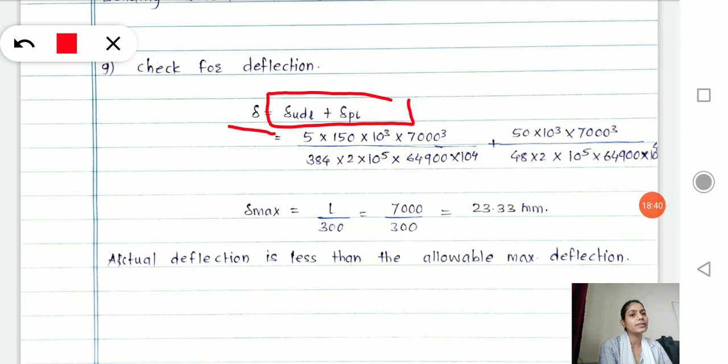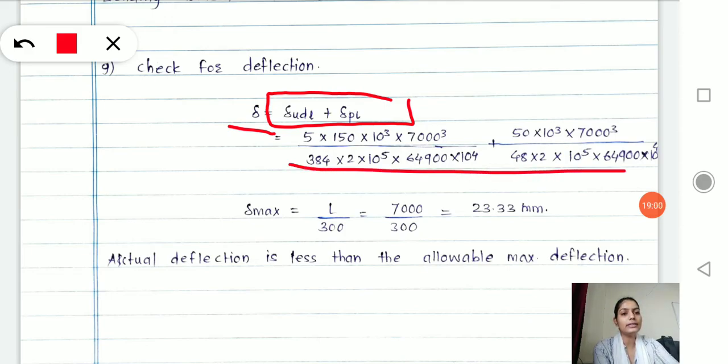I suggest you keep a note of that formula on your study table or on the wall, and keep reminding yourself of it again and again. So the deflection for a simply supported beam with UDL and point load, I have calculated like this.